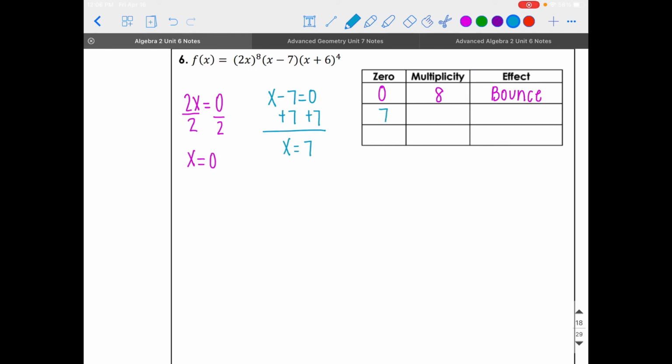Adding 7 to both sides gives us x equals 7, with a multiplicity of 1, which means it's going to cross. x plus 6 equals 0. If we subtract 6 from both sides, we get x equals -6. So the multiplicity is 4, meaning it's going to bounce.